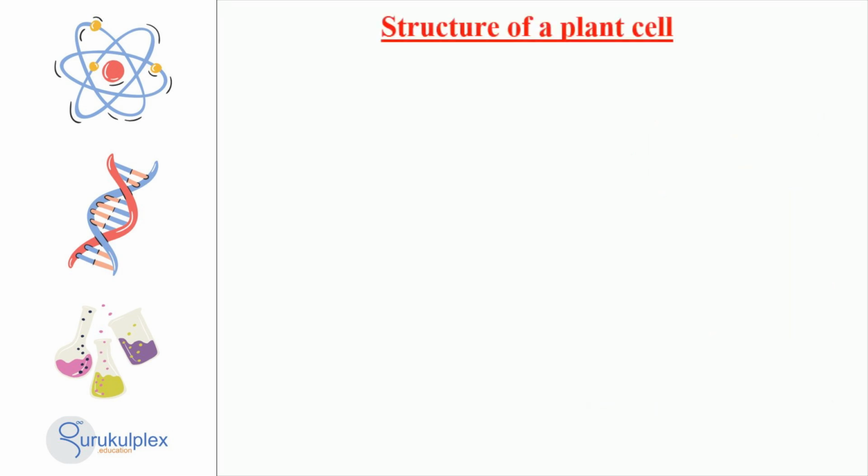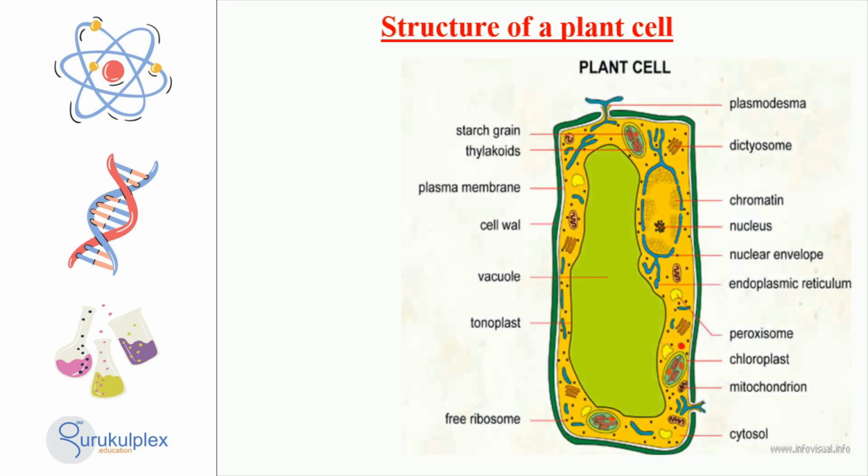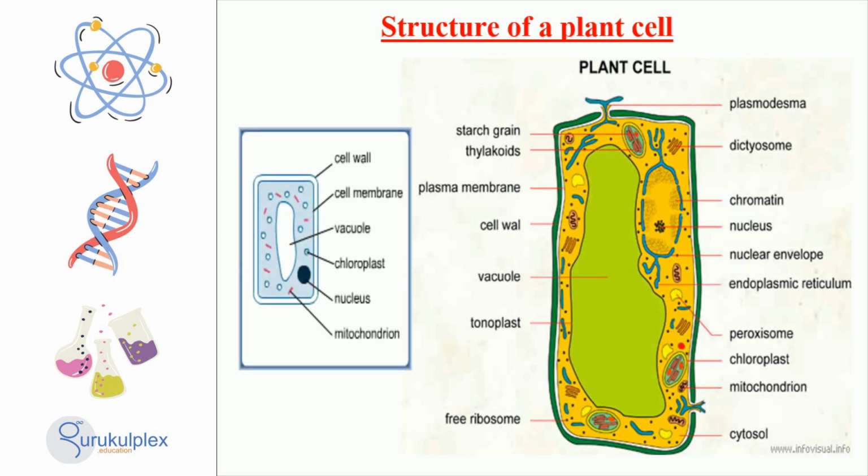A plant cell is a self-contained entity composed of an outer cell wall, an inner cytoplasm, a nucleus, and various organelles. The cell wall provides the cell with protection and support while the nucleus stores genetic material. Additionally, the cell contains organelles such as the endoplasmic reticulum, Golgi apparatus, mitochondria, and chloroplasts.